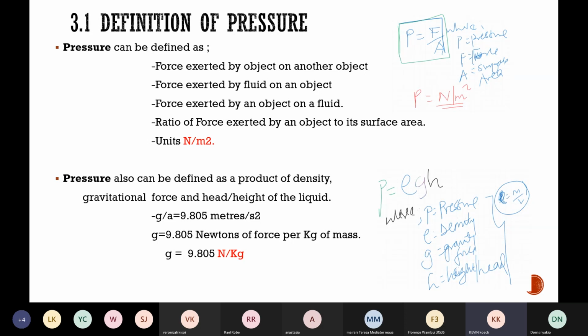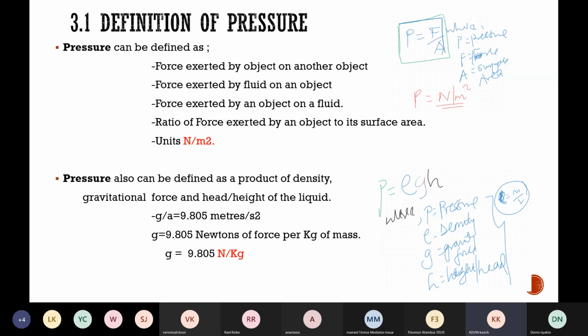Someone may use each, but don't use all of them, it depends on diversity. Someone may use the first one, someone may use the last one, a ratio of force. Someone may write the formula itself and then the initiator, saying P equals pressure, F equals force, area equals surface area, and then give the units.